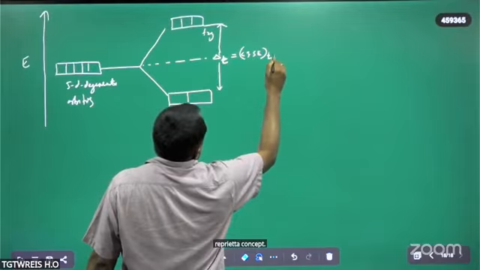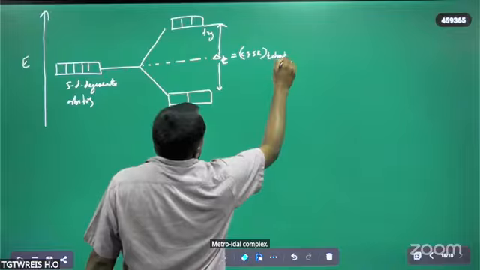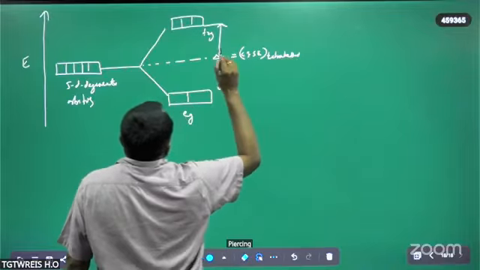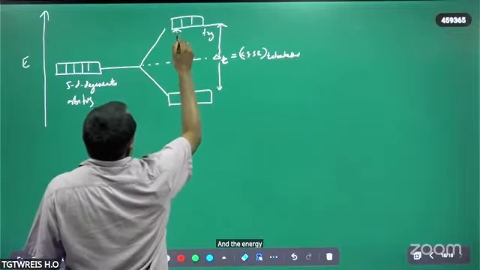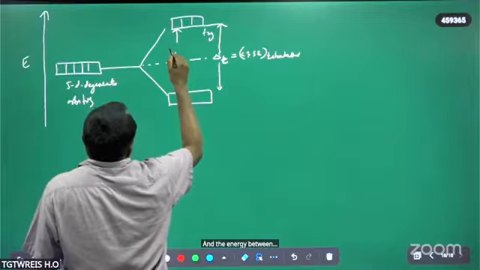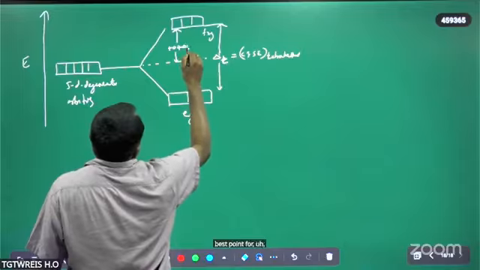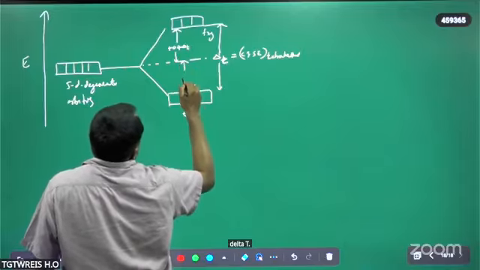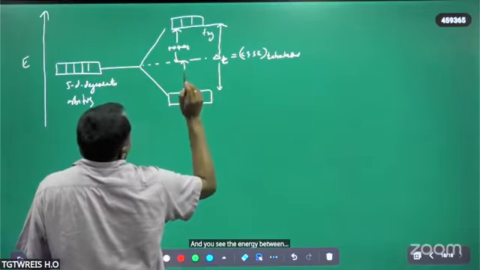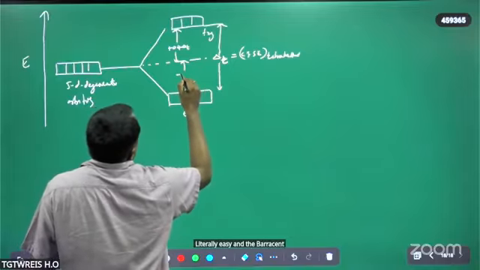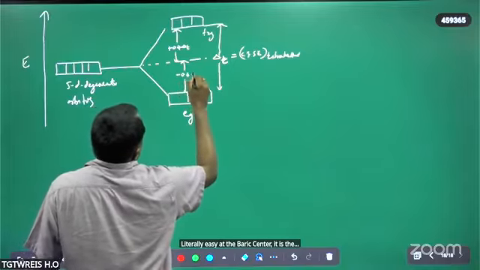The energy of the T2g is plus 0.4 delta T, and the energy of the lower energy eg relative to the barycenter is minus 0.6 delta T.